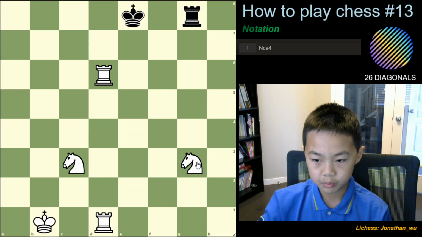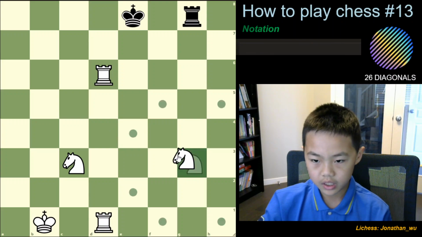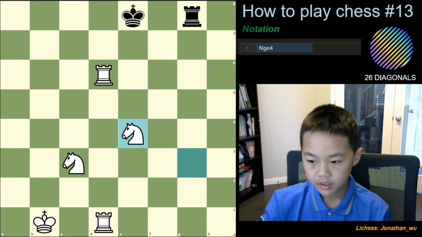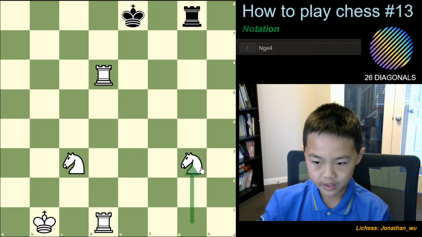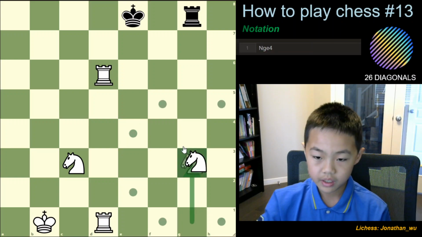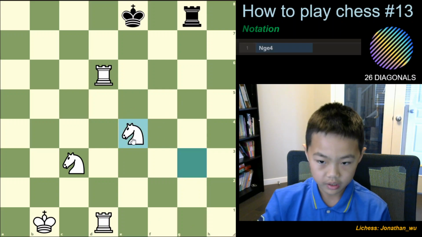If you wanted to move this knight, then it would be knight G e4. The knight is on the G file, and it goes to the square E4.